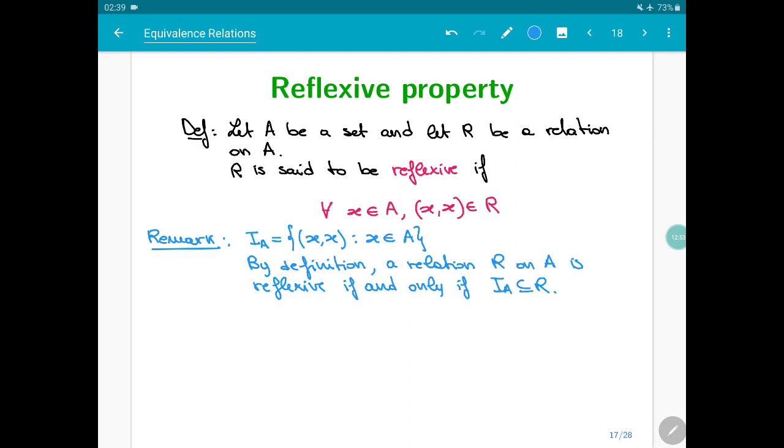Because I want that for all x, (x, x) is contained in R. So in other words, I'm saying that the identity relation on A should be contained in R.